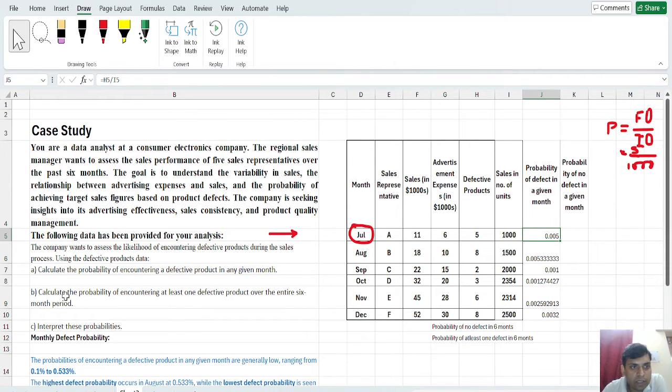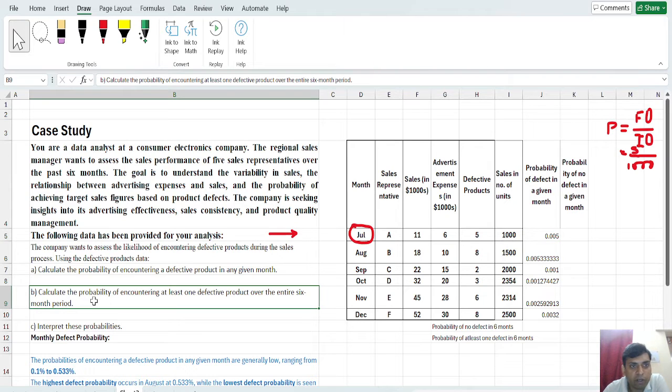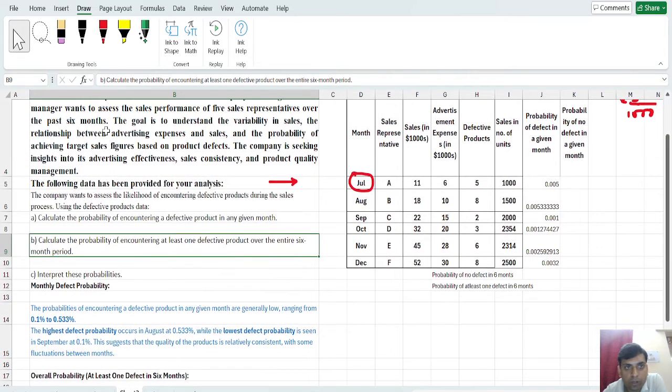Now the second part is to calculate the probability of encountering at least one defective product over the entire 6-month period. This is a little bit different. This is the case of at least one defect over the entire 6-month period. At least one defect means minimum one defect.